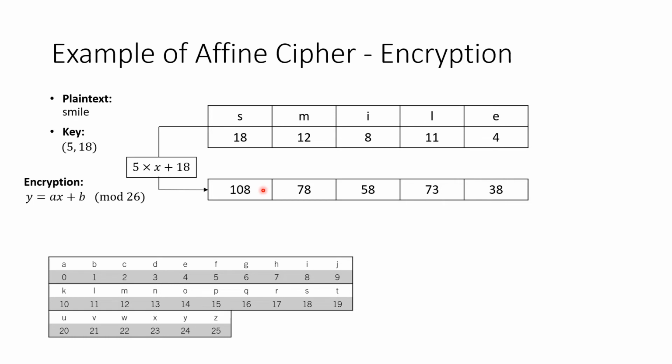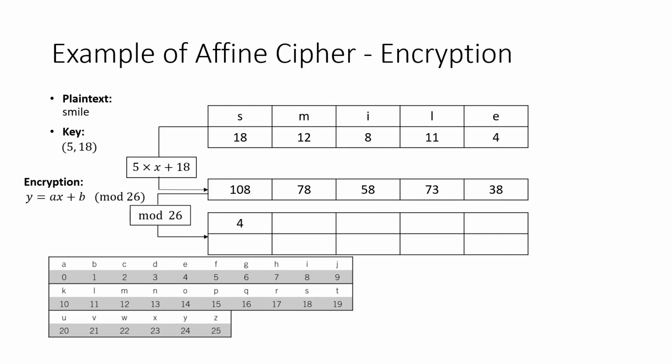Now the next thing that we need to do is, if we look at this encryption function, it's interested in the values in mod 26. So we just take these values in mod 26. I've already pre-computed these values, and if we do this, we get 408, and we complete the same process for the remaining values.